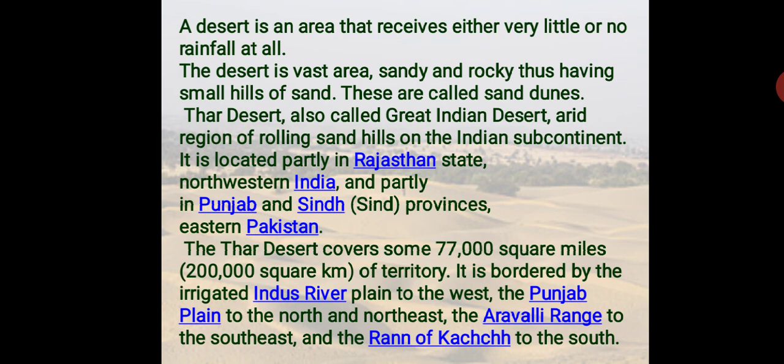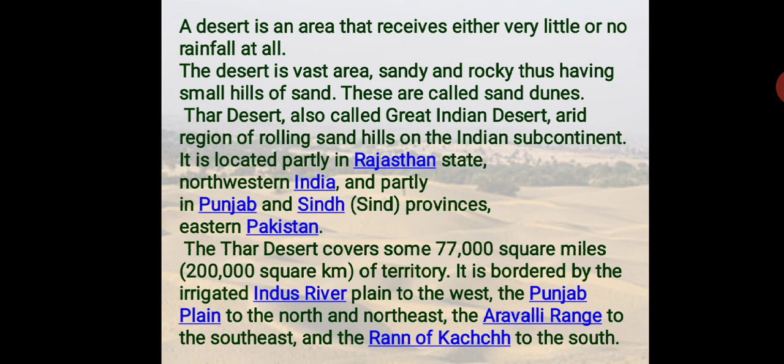Then the next question coming to your mind is, where is the Thar Desert located? The Thar Desert is located partly in Rajasthan state, northwestern India, and partly in Punjab and Sindh.